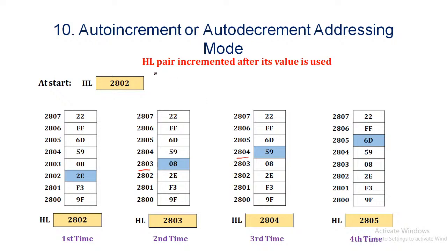So the HL pair is incremented after the value is used. Suppose it fetches the value of 2802, then it is auto incremented to 2803. But in case of auto decrement, it will first decrement, then fetch. The concept is a bit different; there is a slight difference in auto decrement.